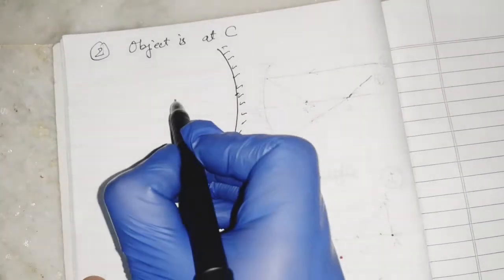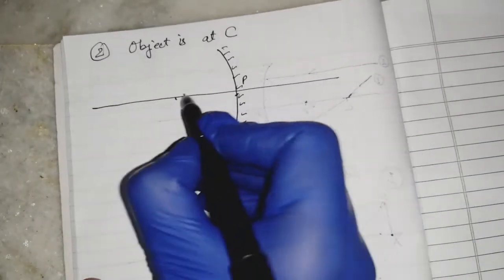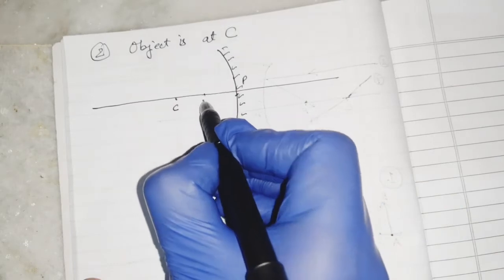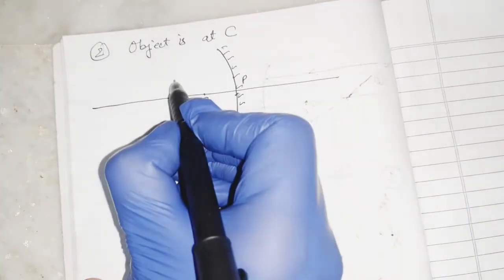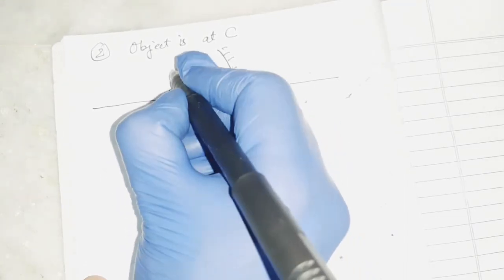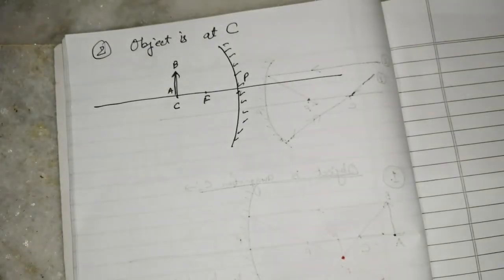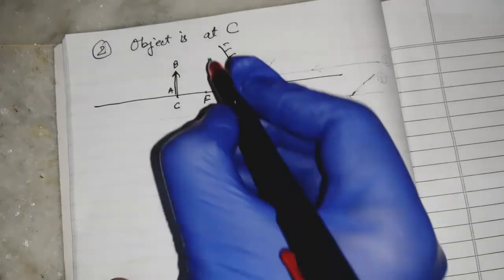This is point P, this is point C, this is the principal axis. Here is F. Now this is your object, say A, B. So AB is the object.